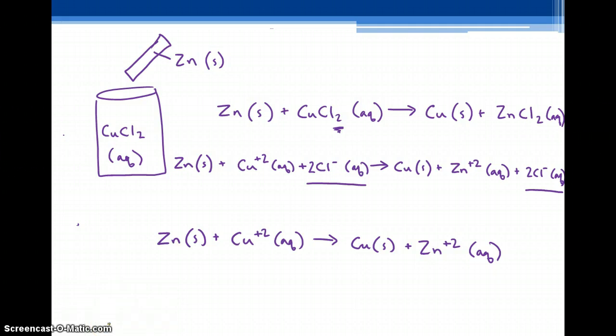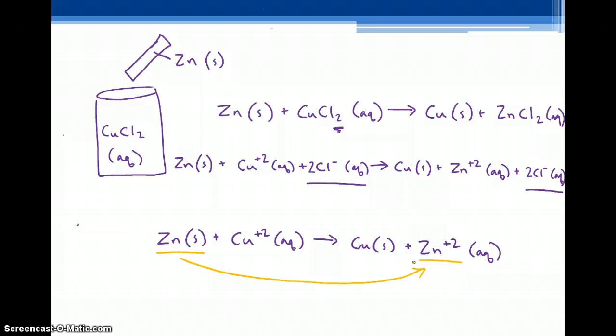Okay, I want to notice the difference between zinc on the left and right and the difference between copper on the left and right. So if I'm looking at zinc, I see that zinc is like a normal atom over here, but it's an ion over here. Okay, what happened in order for this change to occur? What changed with zinc? Zinc started as a neutral atom on the left and is now a +2 ion on the right.